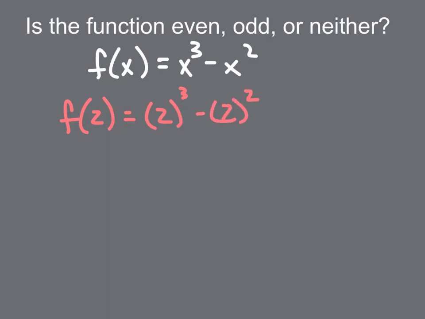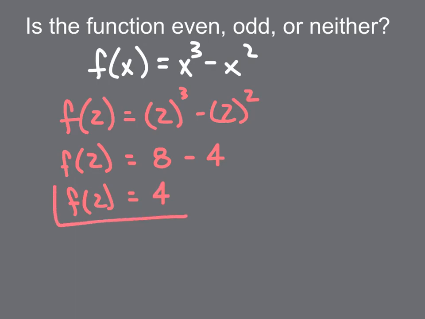Using order of operations, we do our exponents first. So f of 2 is equal to 2 cubed, which is 2 times 2 times 2, which is 8, minus 2 times 2, which is 4. So 8 minus 4, and we get that f of 2 is equal to positive 4. And that's our value.